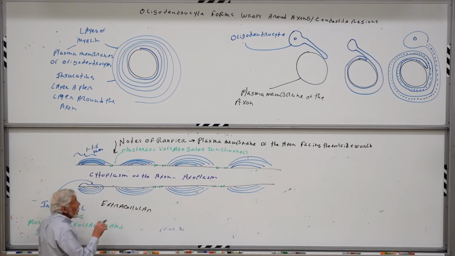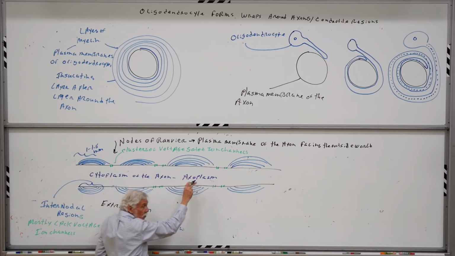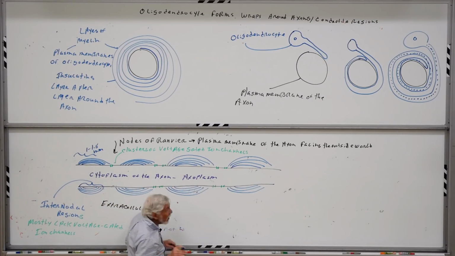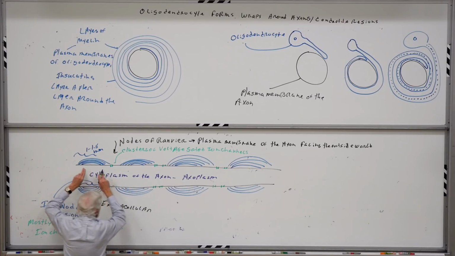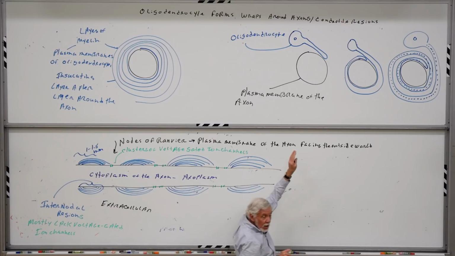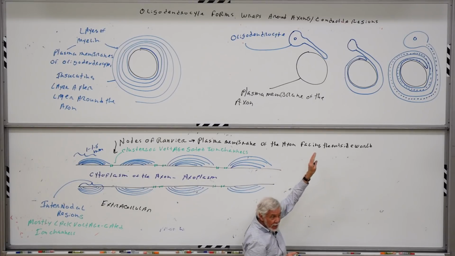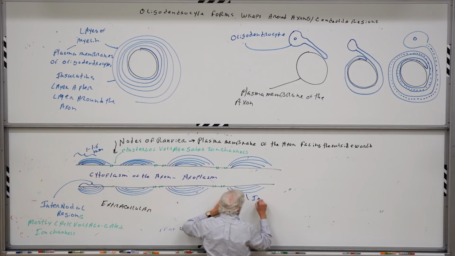What we're going to see a little bit later is that the electrical signaling is going to jump from node to node. But all I want you to notice now is we have these specialized cells, the oligodendrocytes, that form these phospholipid bilayer wrappings around the axon to provide an insulating layer.